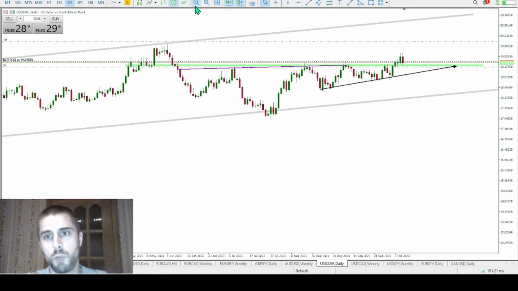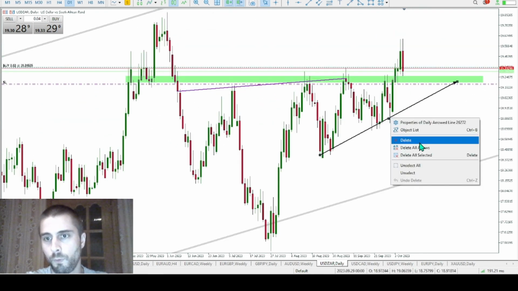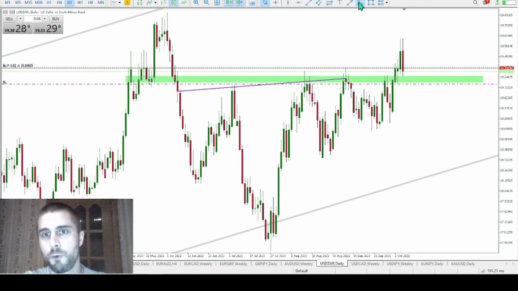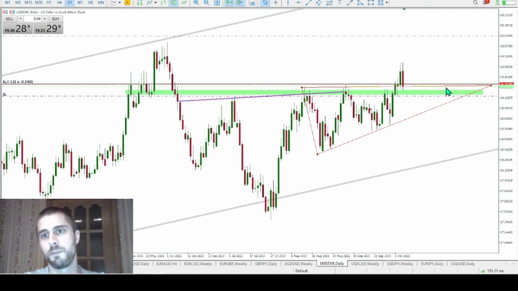So also we have another pattern, let me mark it for you. So this is the ascending triangle pattern, and here are all the 5 waves, and at the end we have this breakout.